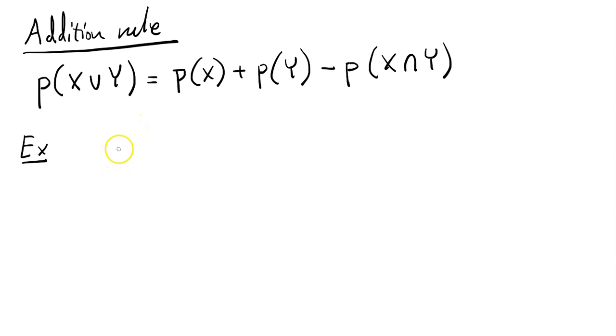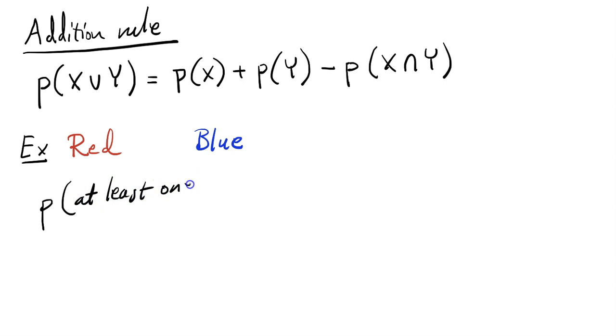Let's say that you throw a red and a blue die. What is the probability that at least one of the dice shows a 1?